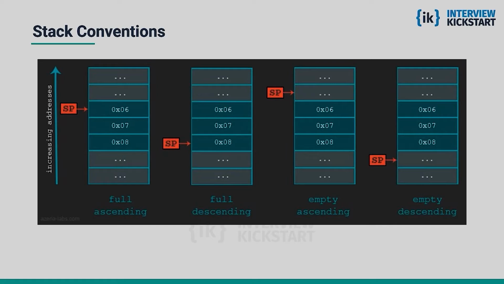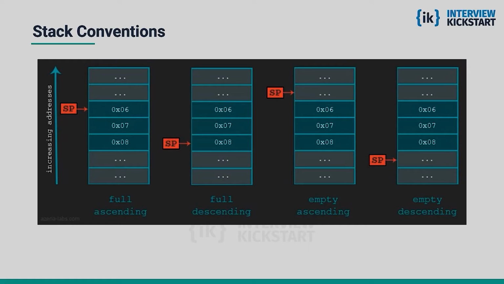If it goes from a higher to a lower memory address, then it is a descending stack. If the stack pointer points to the last filled element of the stack, then it is called a full stack. If instead it points to an unfilled location of memory immediately above the last element, then it is an empty stack.